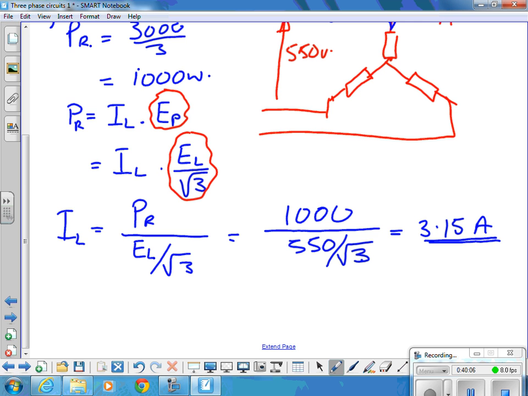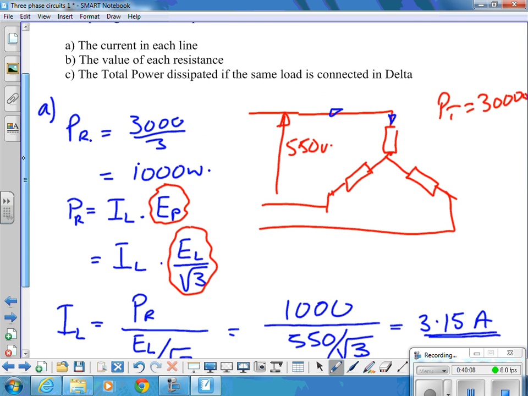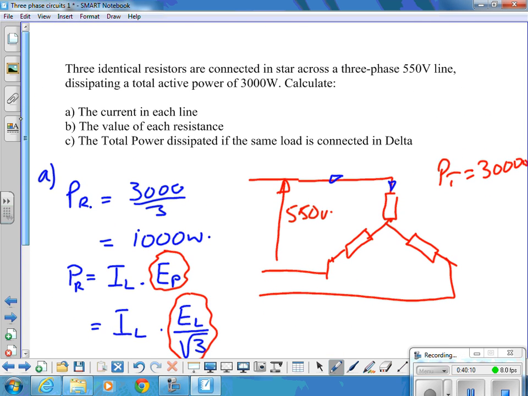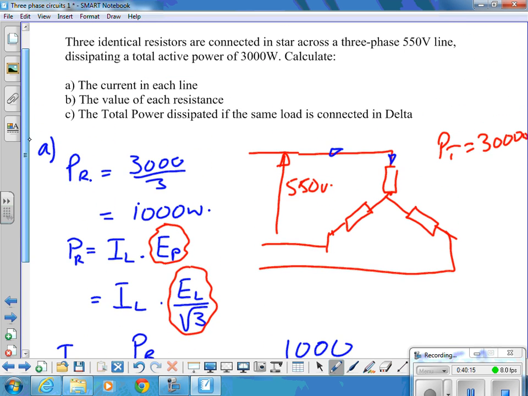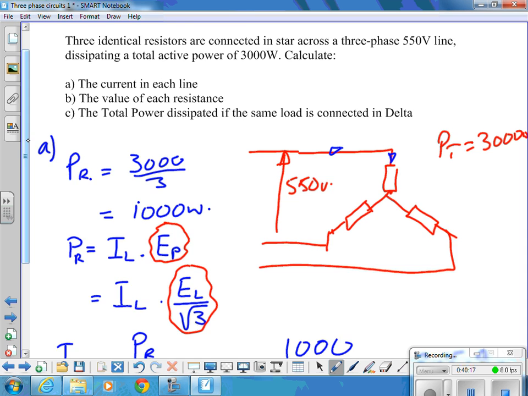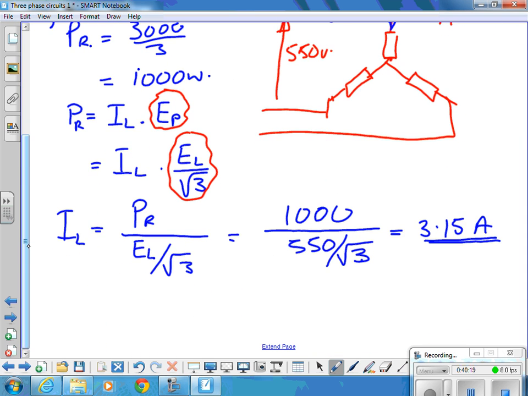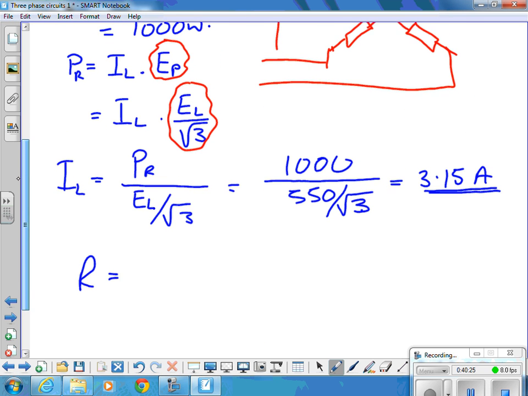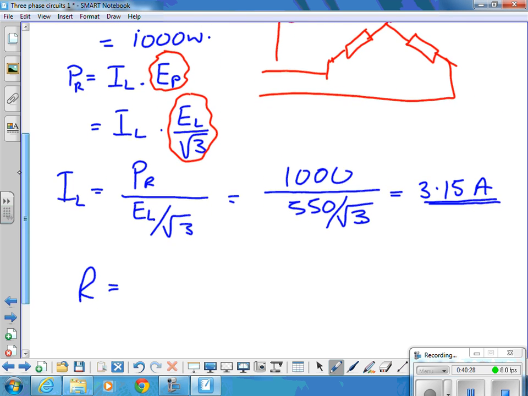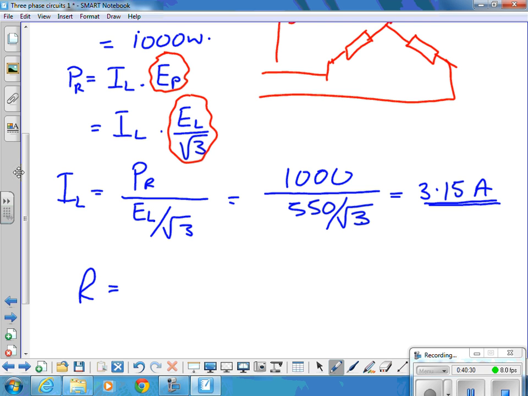So our line current in a star connected system is 3.15 amps. From that, can we find the value of each resistance? R is equal to EP over IL.